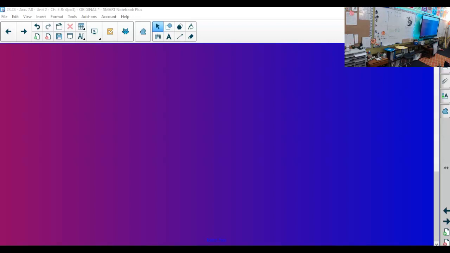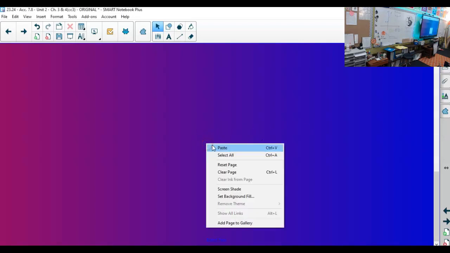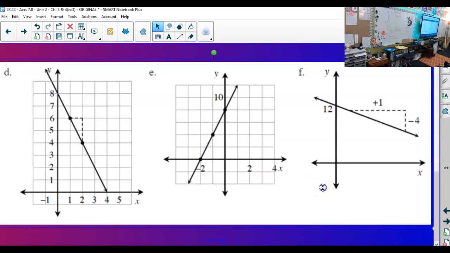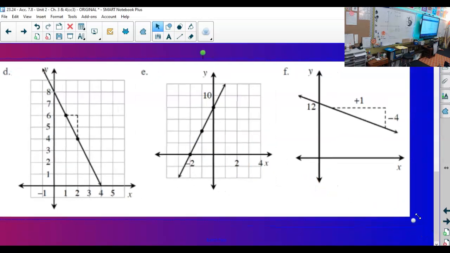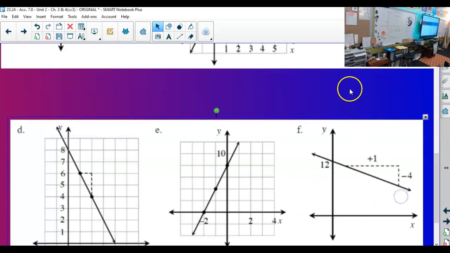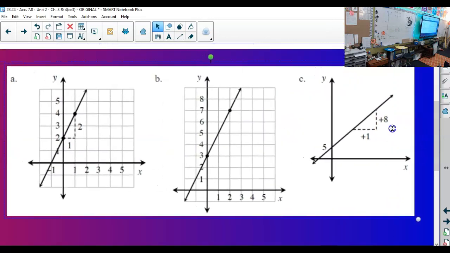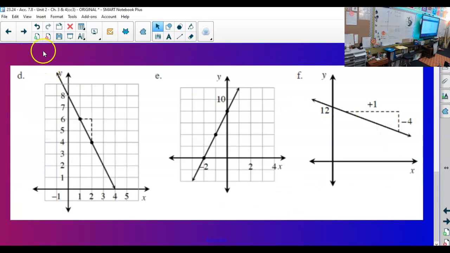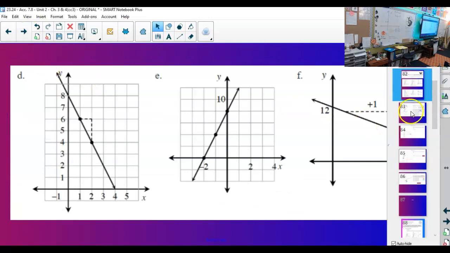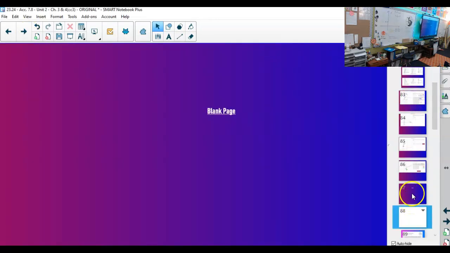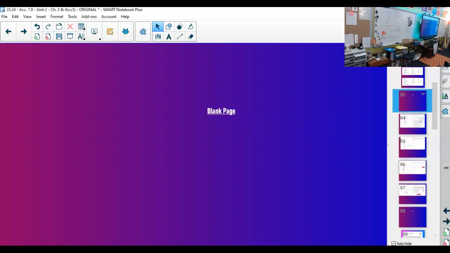You don't even necessarily have to share notes if you just talk to each other about what is the m, what is the b. Yeah, working together. Sorry, I'm not really good with this.